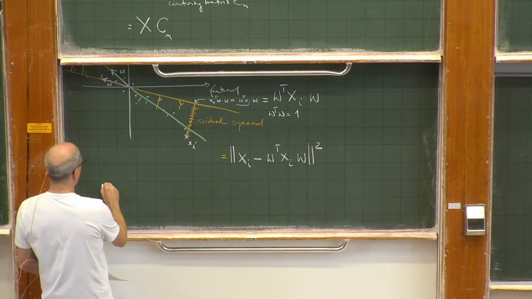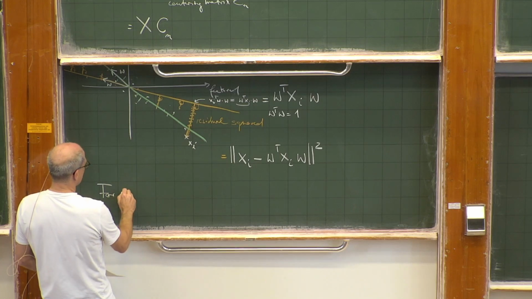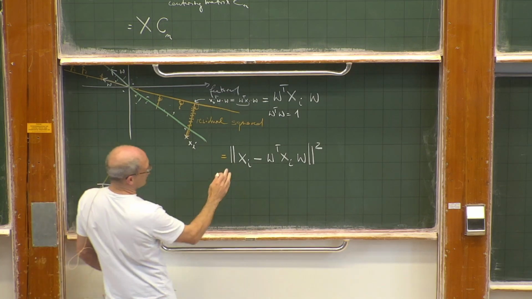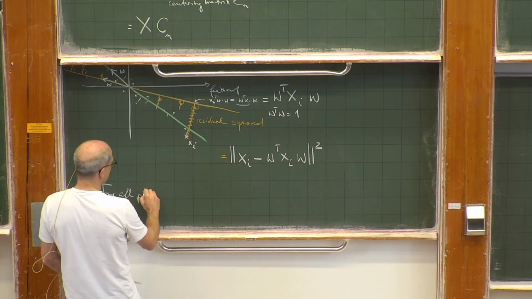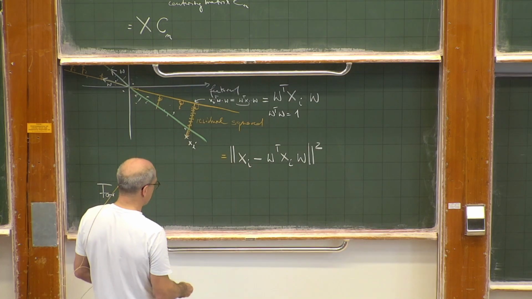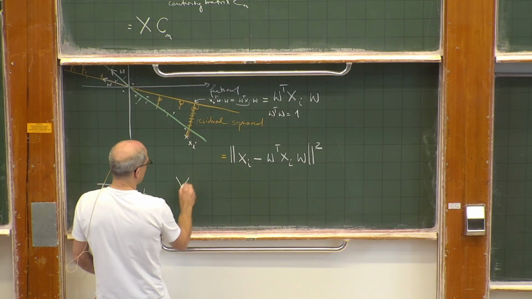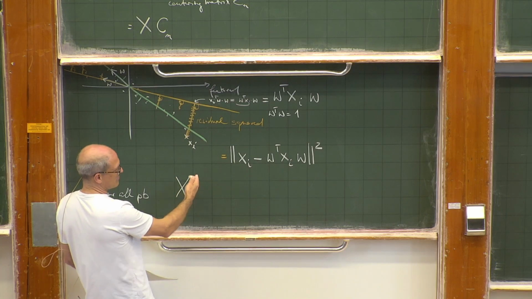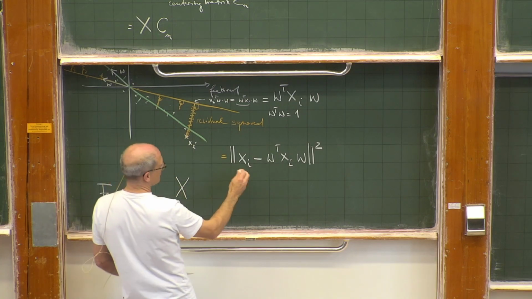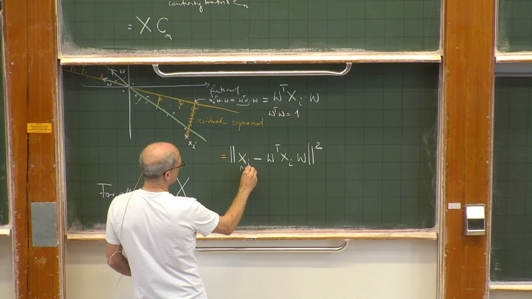And if I now want to write it, well, what I could do is sum this over all points i, or I can try and write it in matrix notation again. And this is why I used this. So this here is p times 1.